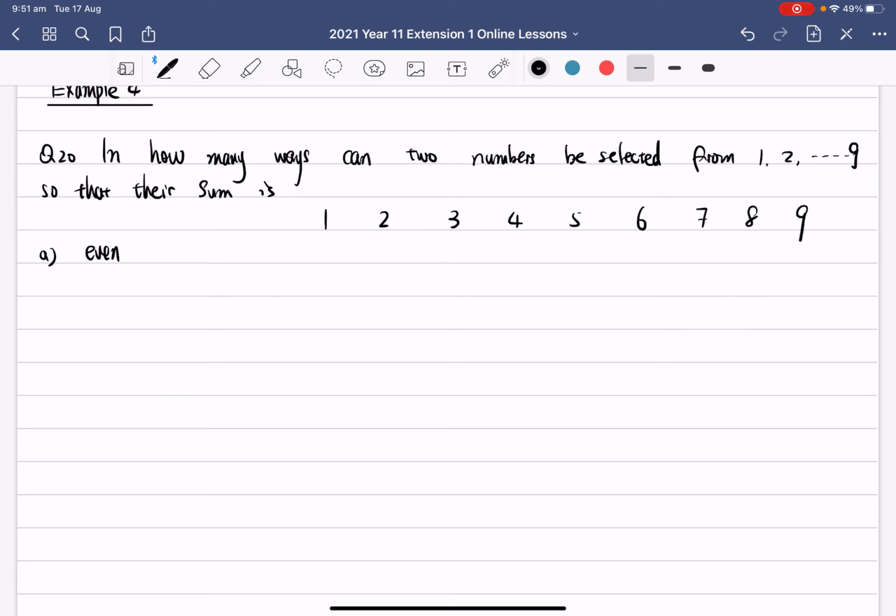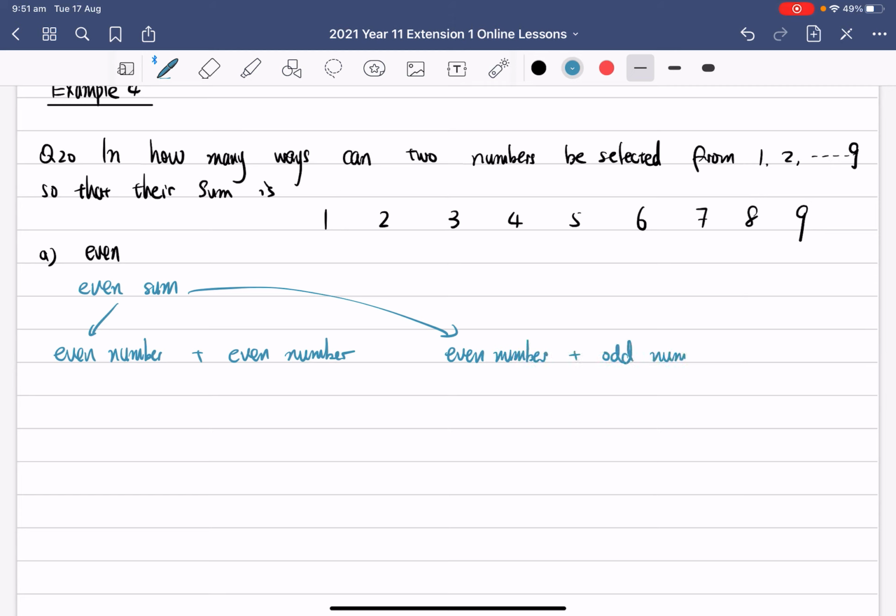Now, I want you to think about this. To have an even sum, there are two possible ways. You have an even number plus another even number. That's the first case. The second case is you have an even number plus an odd number. Wait, even plus odd?